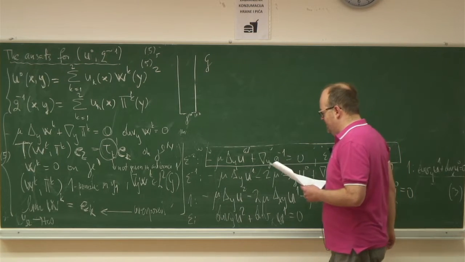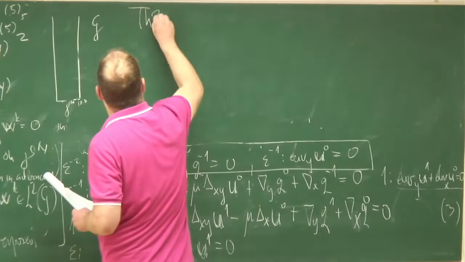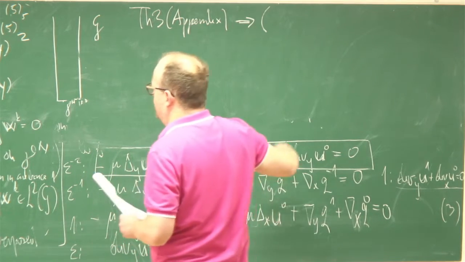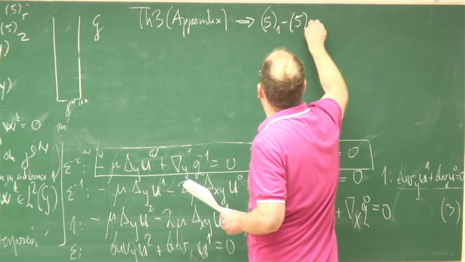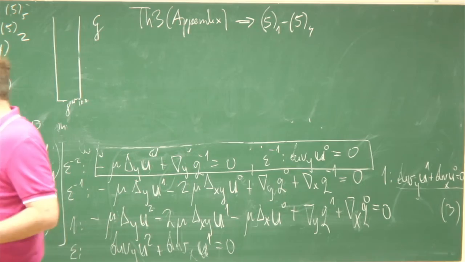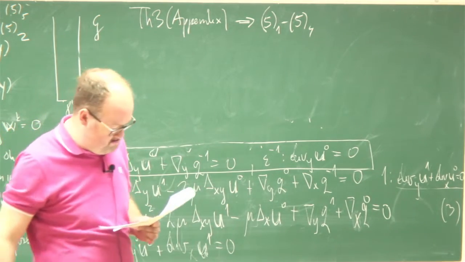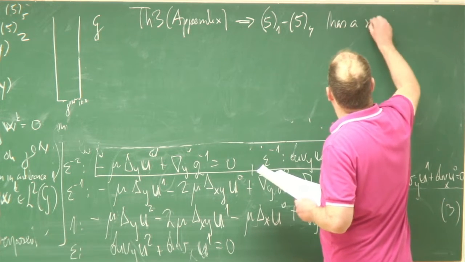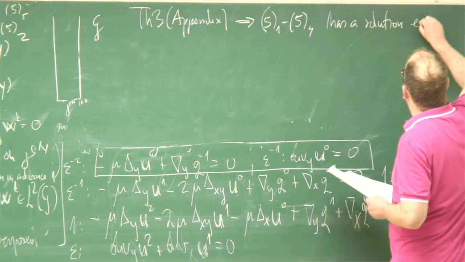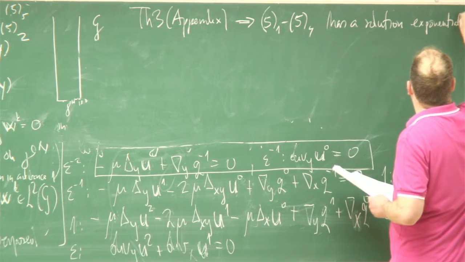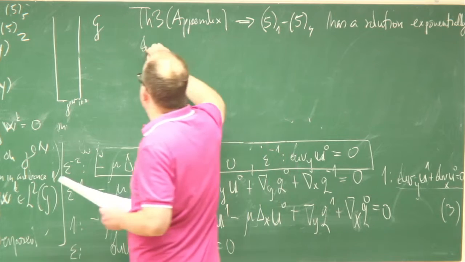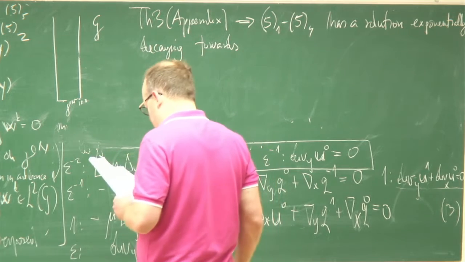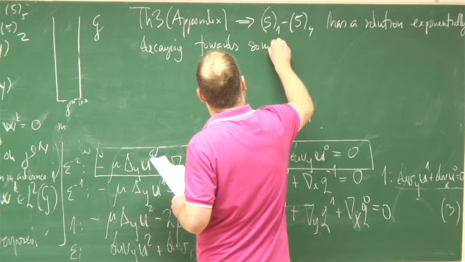Okay, so Theorem 3 from the appendix guarantees that problem 5.1 to 5.4, so this, and this, has a solution exponentially decaying towards constants, towards some constants.